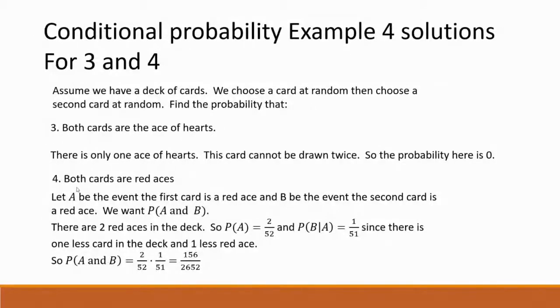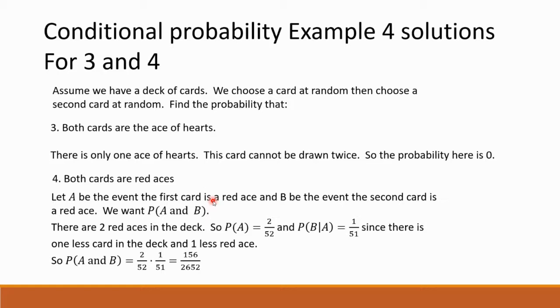What about red aces? Well, let's see. Here, A is the event the first card is a red ace, and B is the event the second card is a red ace. Remember, the only cards that are the color red are diamonds and hearts.